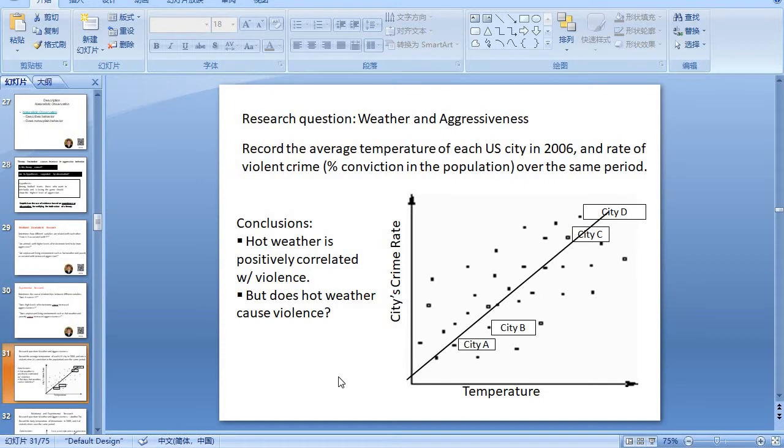There are basically two ways to represent a correlation. One way to represent a correlation is to use a graph. This graph is called a scatter plot. The scatter plot describes a two-dimensional space.